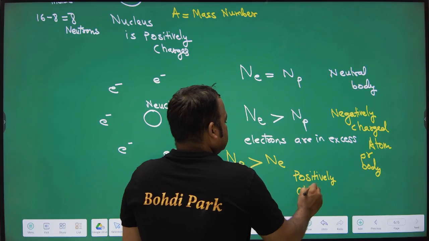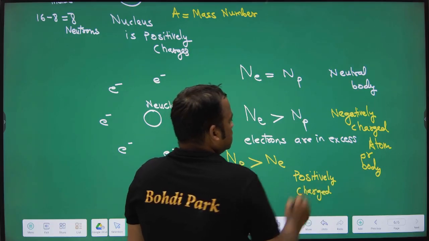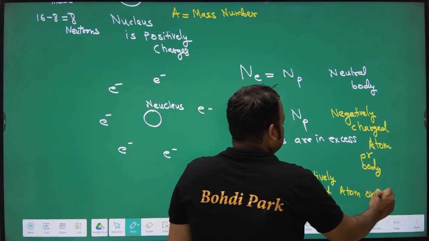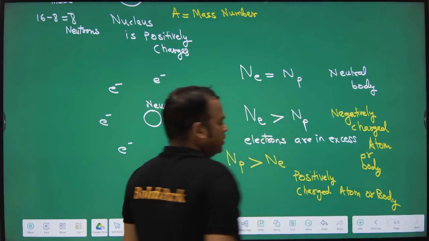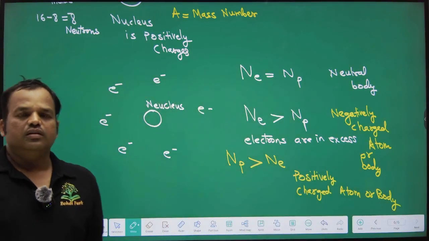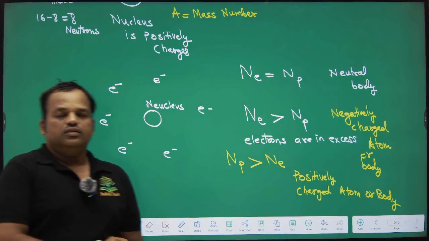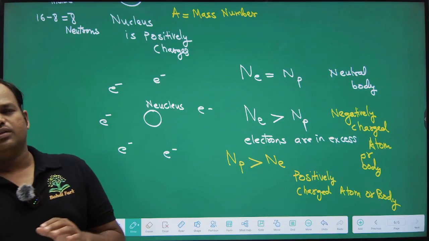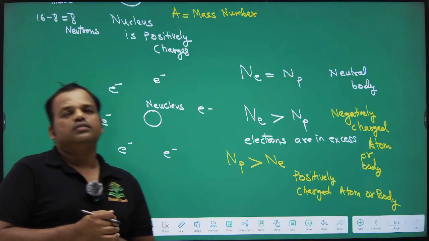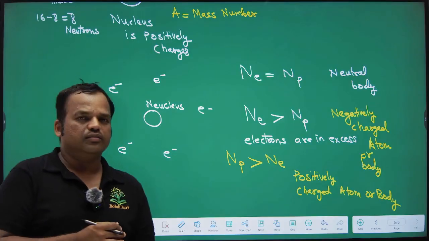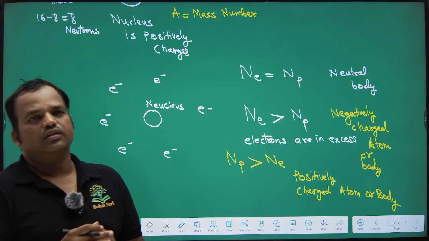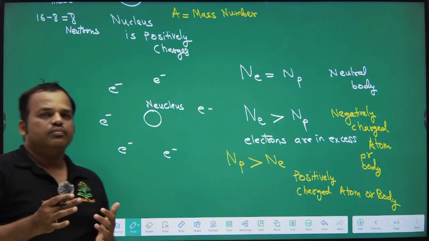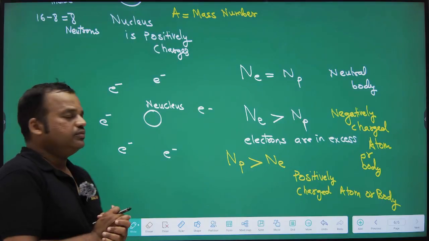So this atom is neutral, but suppose extra electrons are coming, so that atom becomes negatively charged. If some electrons are going, that atom becomes positively charged.